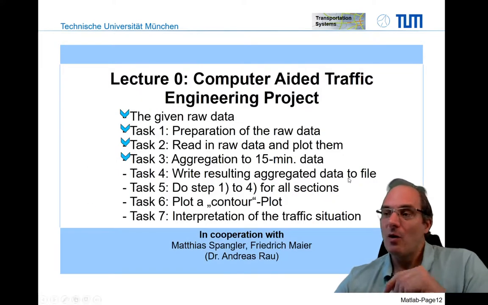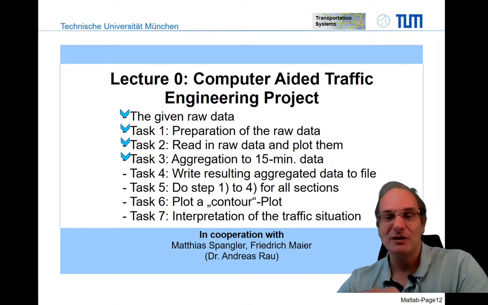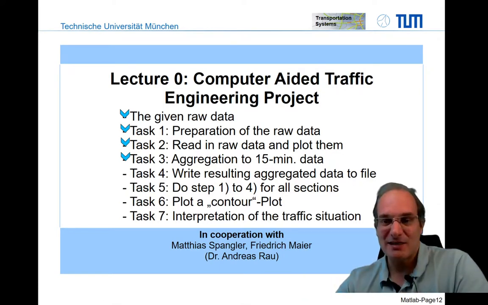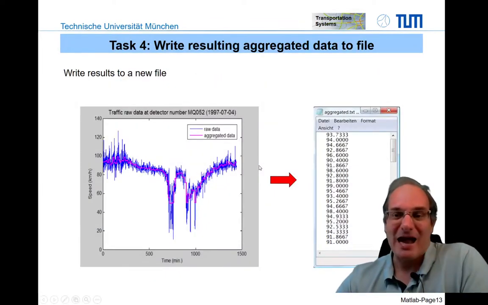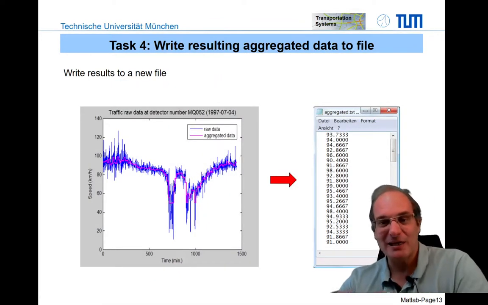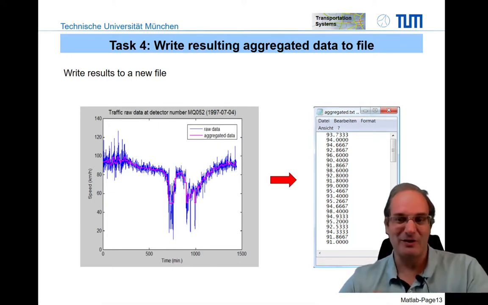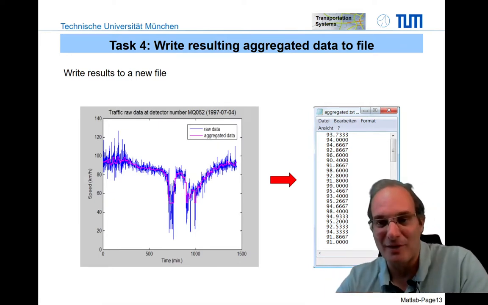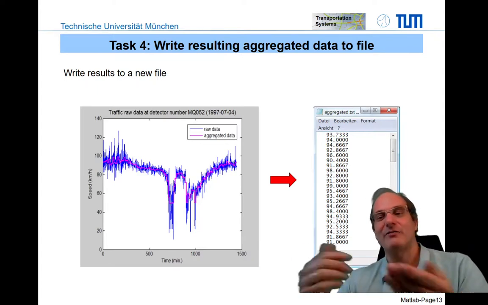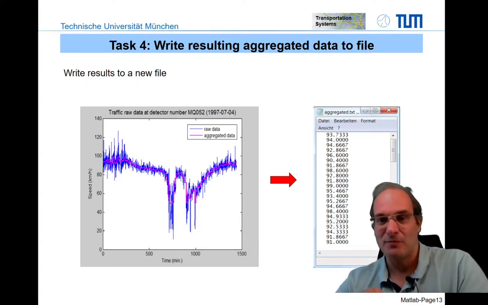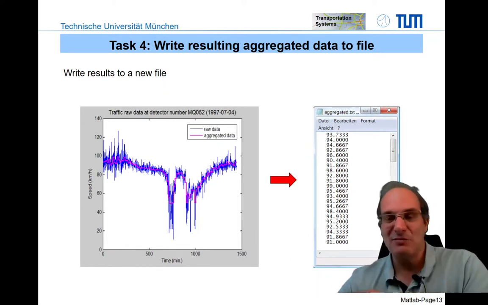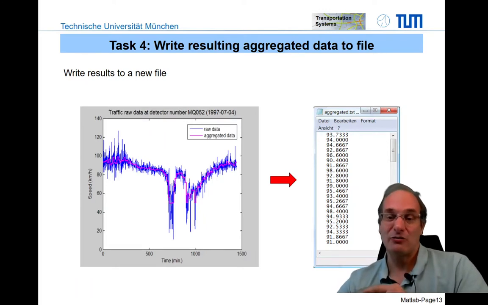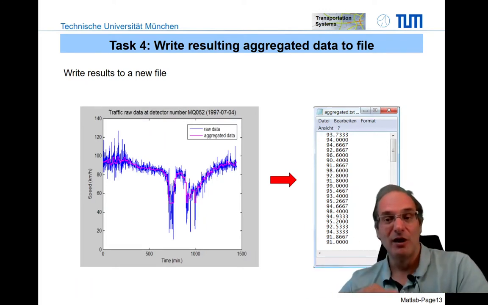So if we have these mean values, if we have this intermediate data, we can try to store the data again. So we write the aggregated values again into a file. Not an Excel file, because we know reading from ASCII files is much easier. So therefore we store it in an ASCII file. And then we can use it later on. So we can write a script which directly reads the intermediate values instead of reading the raw data and calculating again the whole mean stuff.